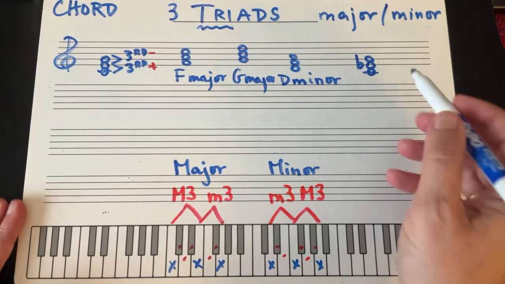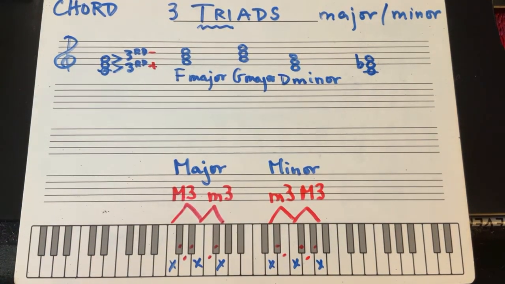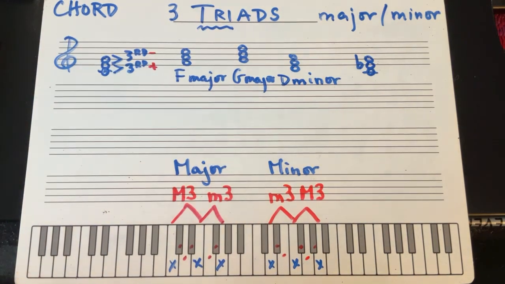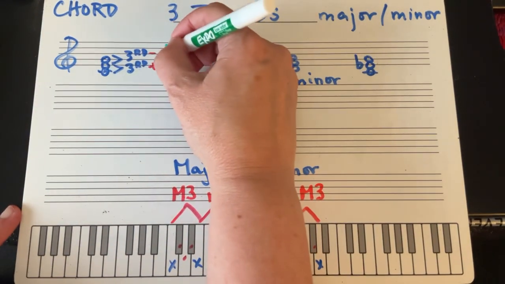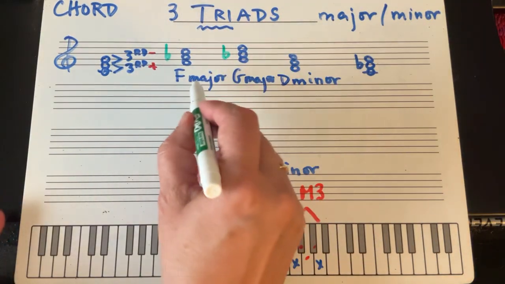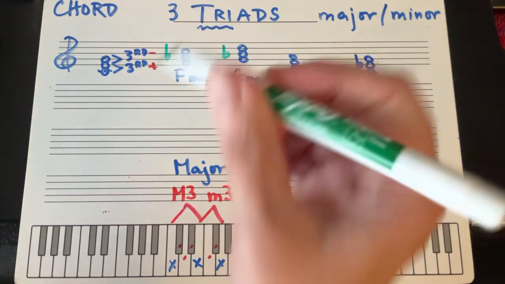So the other step you can take is if you know your major scale, maybe you haven't played F minor yet, but you know if you take that third note and you lower it, not only does that make this major third a minor third, but it also changes the top interval as well. So I'll just put this off to the side, and then you would have to change major to minor in both cases.